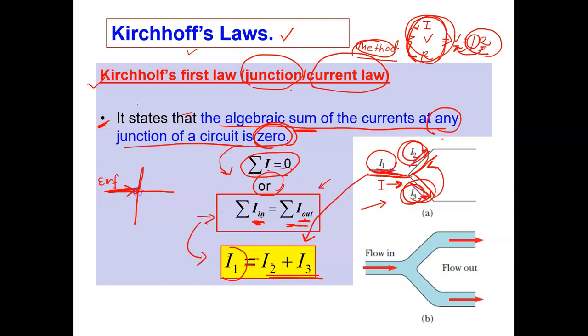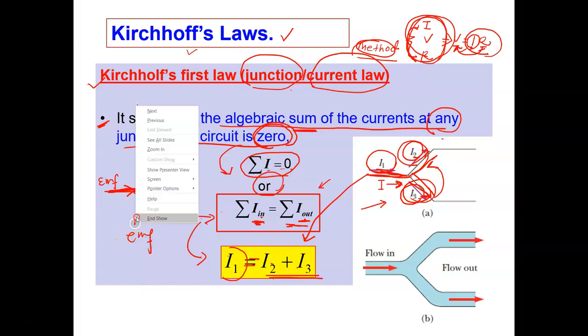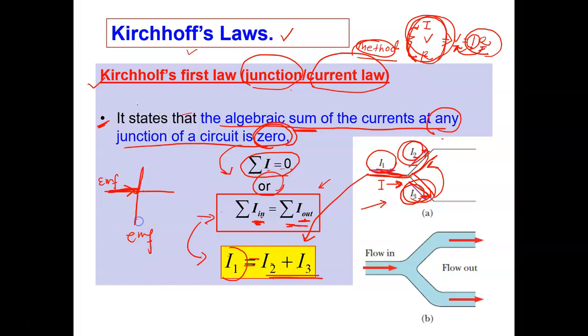Then let's say I have another EMF over here, and the current from this EMF is also directed towards the junction. So at this point, both of these are combined together and divide into two.